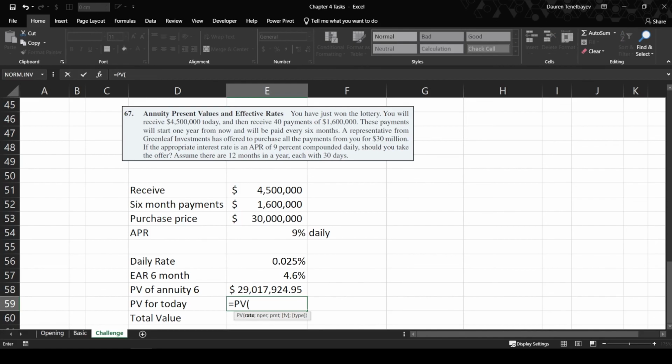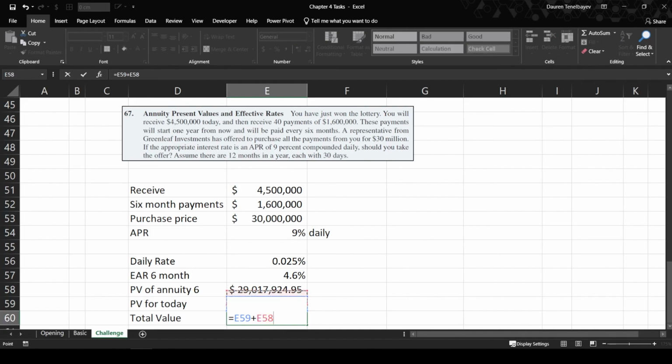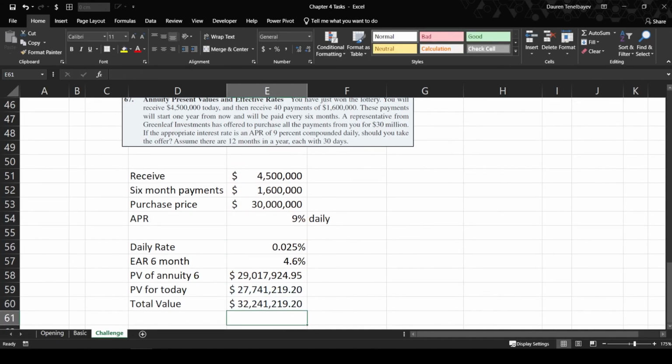Again, our rate is 4.6. NPER is just 1. We don't have PMT. Our present value is what we have calculated here. And here we are. The total value of the money that we will receive today is our present value and 4,500,000. So we should not take the offer since the value of the offer is less than the present value of the payments.